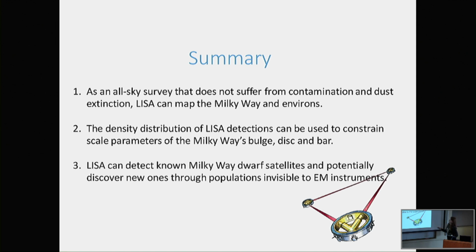We can use the density of the LISA detections to recover the scale parameters describing the shape of our galaxy, and we can use LISA sources to see the dwarf satellites surrounding us, but also, in principle, discover new ones if there are any. And that's it.